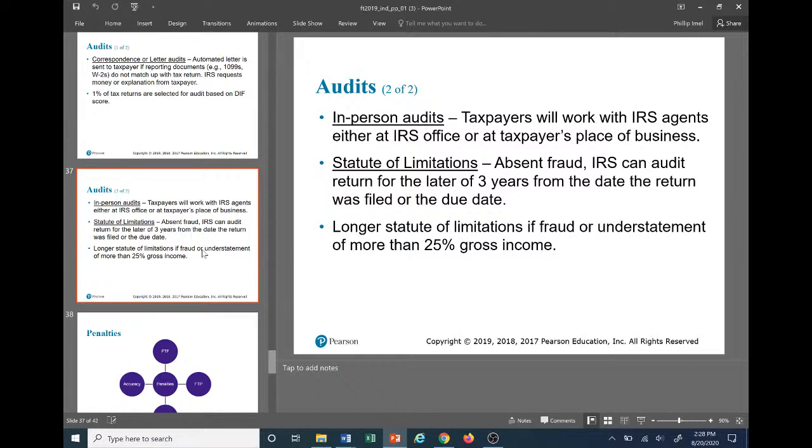More complex audits are handled by a field audit, where the actual IRS agent goes to the taxpayer's place of business or to the office of the taxpayer's tax professional. So that's the difference: with in-person audits, they can either come to the place of business or you can go to the IRS office.